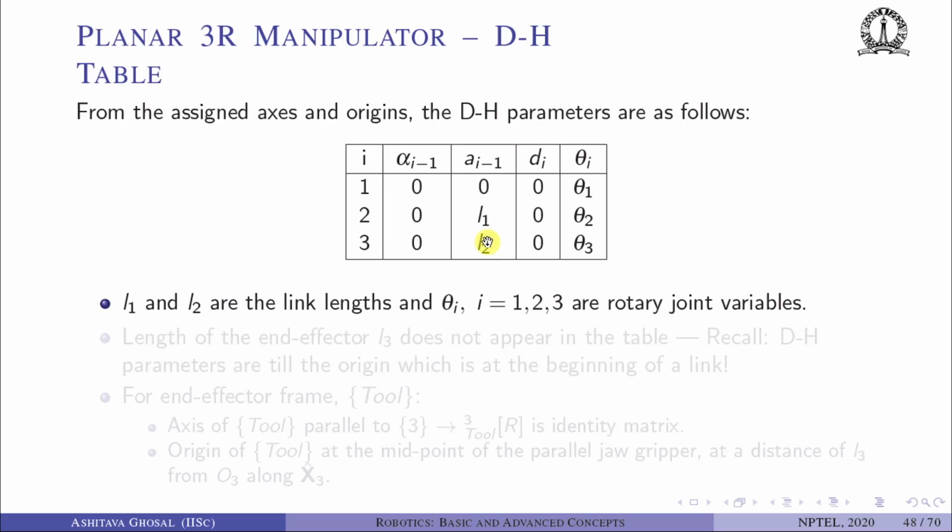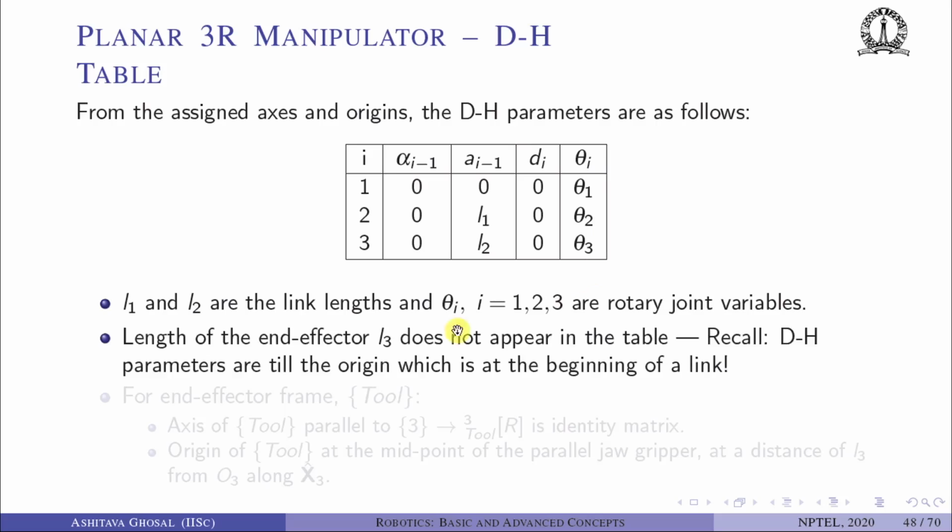So in this example of a planar 3R manipulator, most of the DH parameters are 0 except this L1 and L2, and of course there are these 3 rotary joint variables. As I have mentioned, the length of the end effector L3 does not appear in the table.